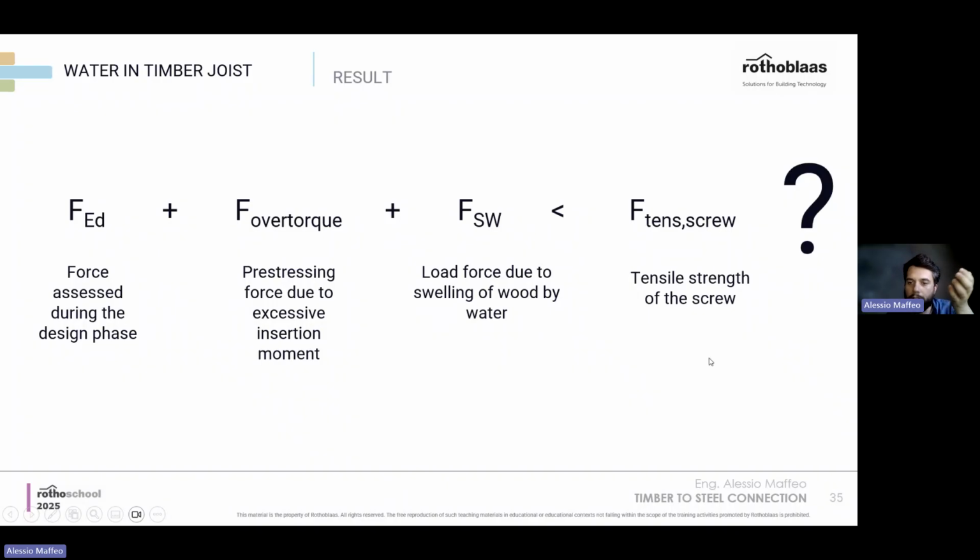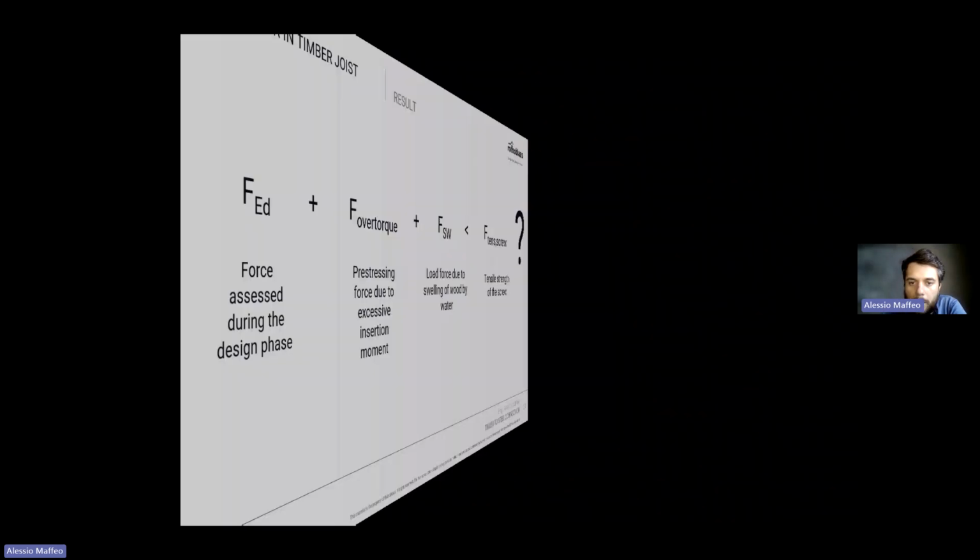So this is the reason why sometimes we get questions about maybe some connectors failing, and then we go on site and we find that the team used impact drills without stopping on the plate, and then we also find a lot of water on site. So we have to be careful about this.